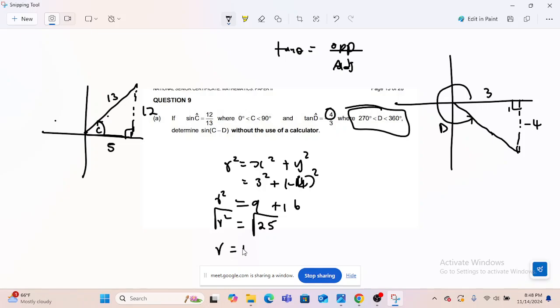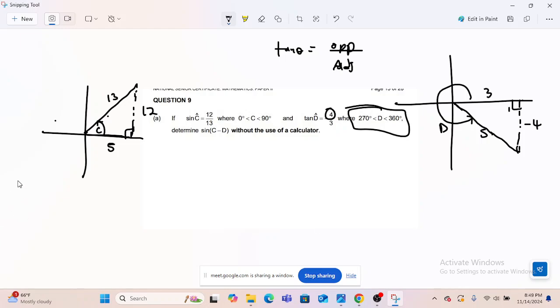We get r as plus or minus 5, but the correct one will be positive because this is a distance. So r is equal to positive 5, and r is not equal to negative 5. Any question here? Okay.